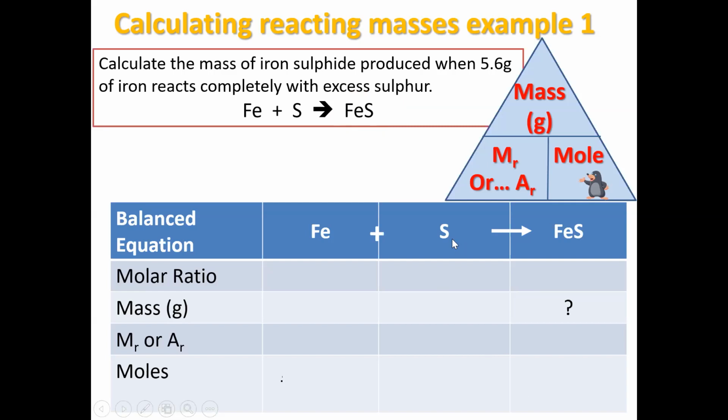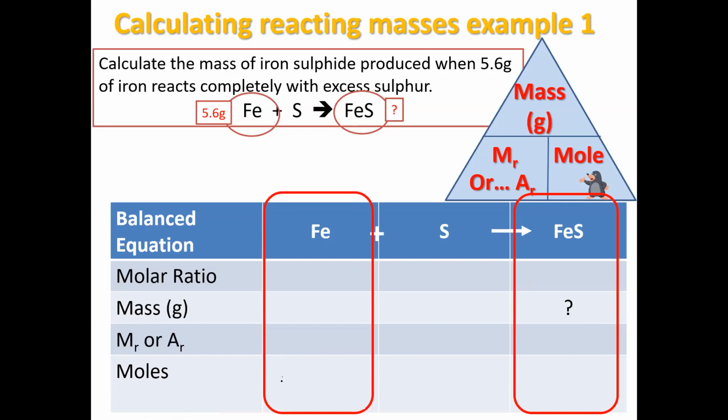Now, just going back to that question here, sometimes it's really important to actually circle in your question what you're trying to find out. So we're calculating the mass of iron sulfide. That's the mass you're trying to calculate when 5.6 grams of iron reacts completely with excess sulfur. So what we're going to do now is complete our table to enable us to find this answer.